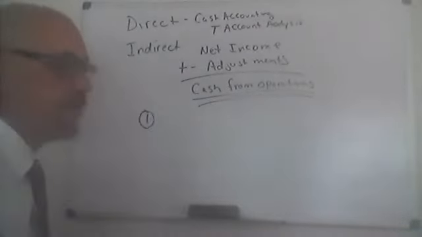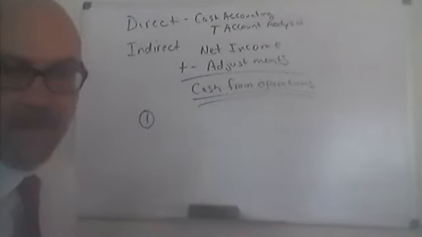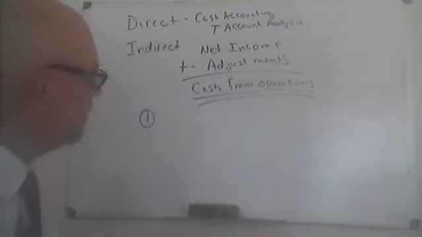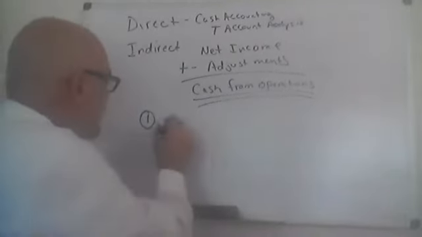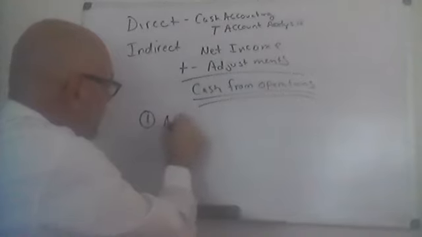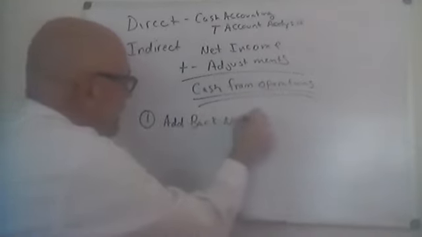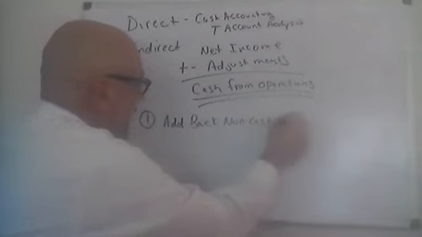It's a 3-step process. While I say they're simple, the difficulty comes in remembering what everything does, whether you have to adjust it up or down. Okay. So the first step, we are going to add back non-cash expenses.